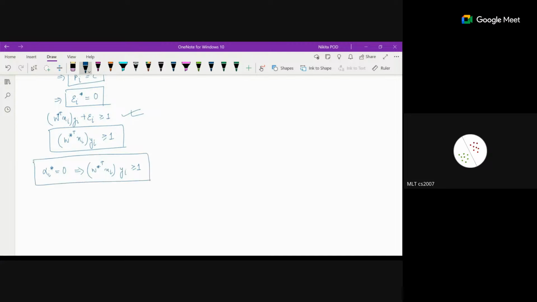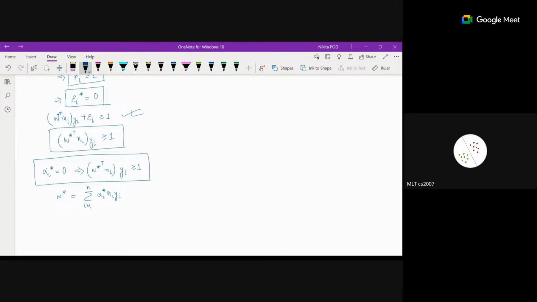What do I know? I know that my W star is equal to some linear combination of Xi yi. But if my alpha I star is equal to 0, then these are the points that are least important to us. They are not useful for my W star.